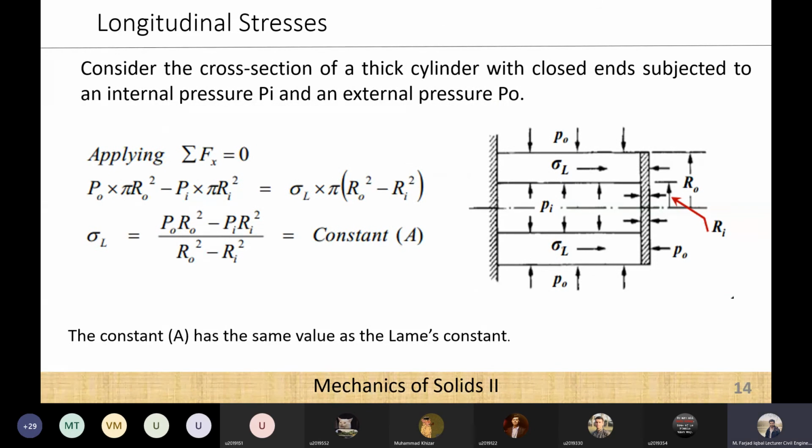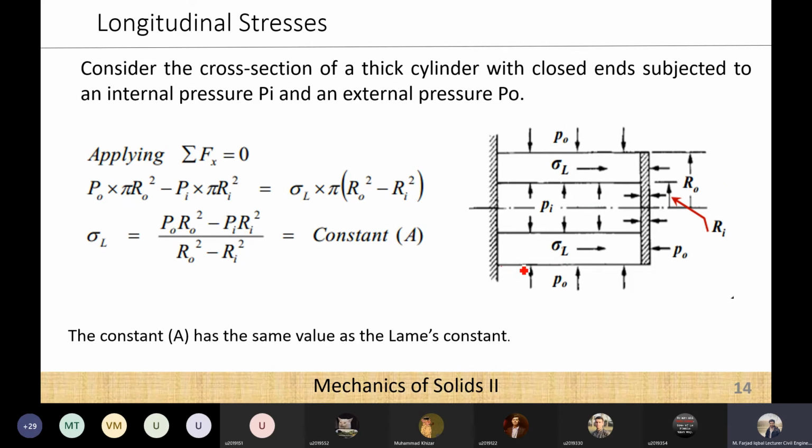So this is about the hoop stresses and radial stresses. For the longitudinal stress, the derivation is quite simple. It will just take 1 or 2 minutes. The longitudinal stress acts perpendicular to the length of the cylinder.